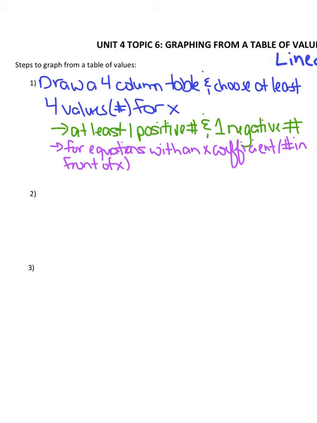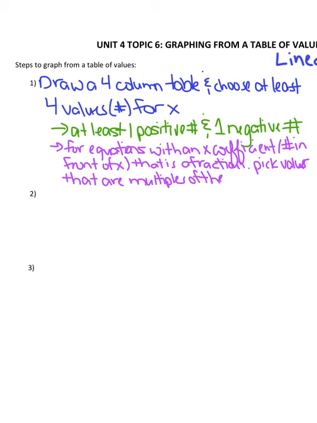So for equations with an x coefficient that is a fraction, because our slope is often a fraction when we're doing rise over run, if it's a fraction, then we're going to pick values that are multiples of the denominator.